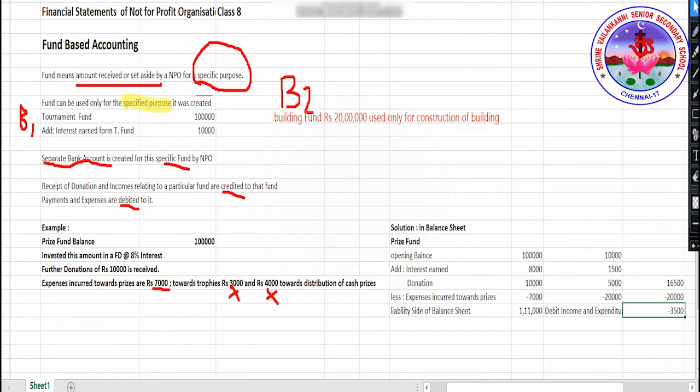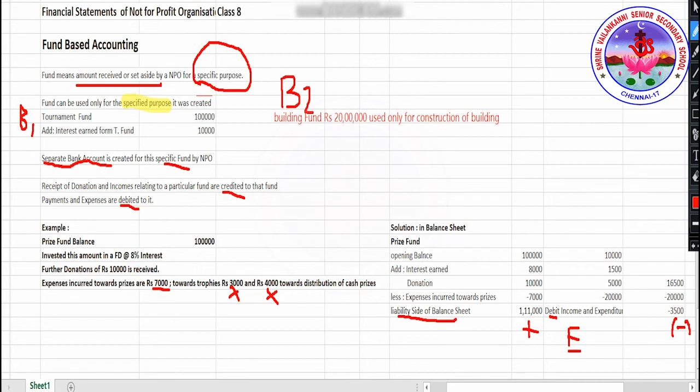So if it is a surplus, a positive figure, I will show it on the liability side of the balance sheet. If it is a negative figure, I will show it on the debit side, which means the expenses side of income and expenditure. I hope this example is clear. Let us proceed.